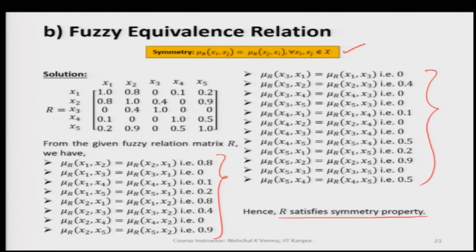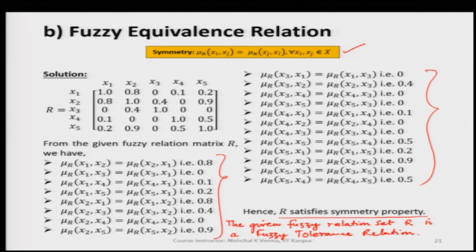So, here I would like to make a comment for fuzzy relation R. I can write here that the given fuzzy relation set R is a fuzzy tolerance relation.